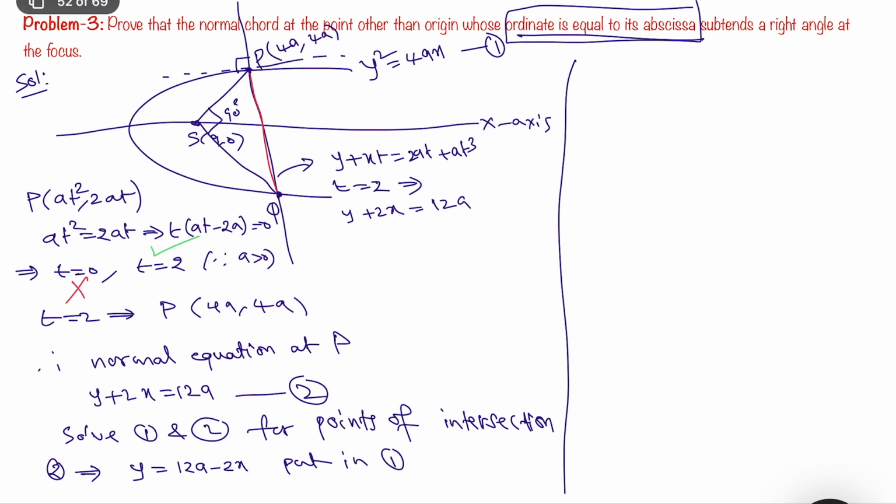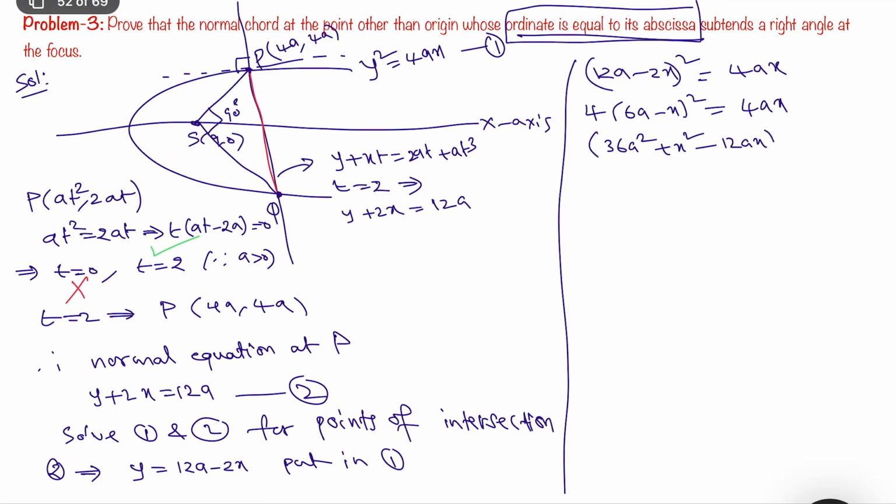What do we have here? (12a minus 2x) whole square equal to 4ax. If I take 2 out from inside, I will get a 4 outside. Then (6a minus x) whole square equal to ax. So we can have now 36a square plus x square minus 12ax equal to ax.